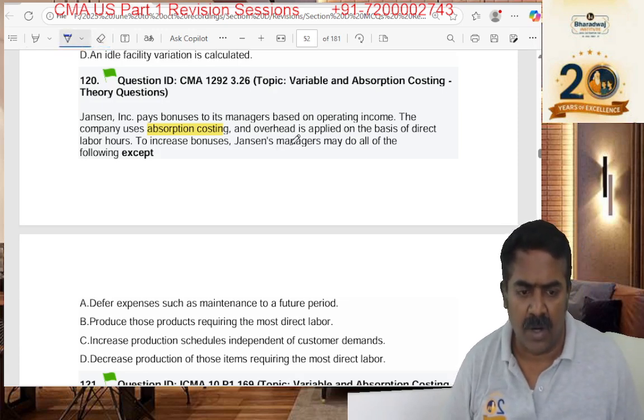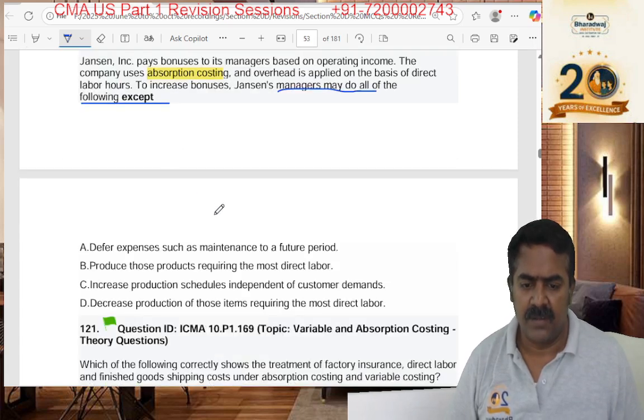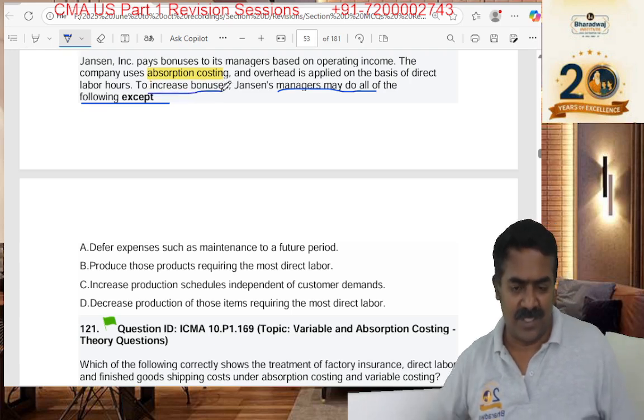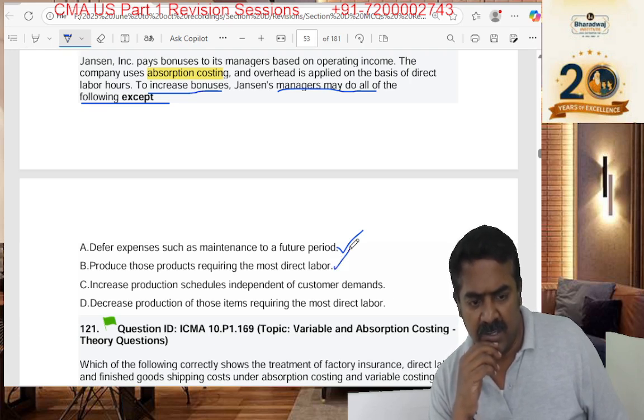Managers may do all the following except they can defer, such as to increase bonus. To increase bonus, they want to get more bonus. They can defer direct expenses. Produce the products requiring most direct labor.